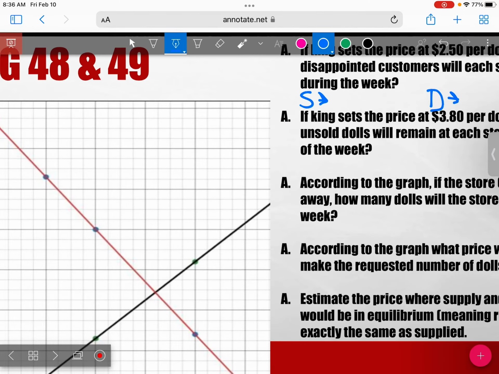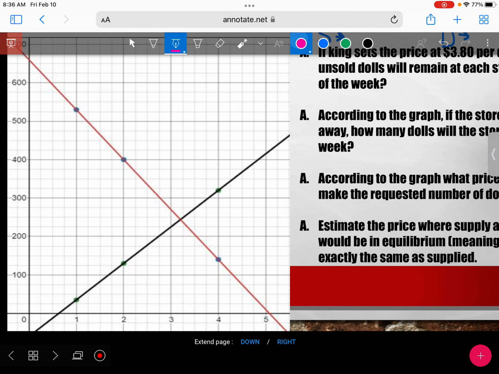So what I'm going to do is I'm going to come down. Remember, my price is on my Y's. This is price. So if I go to $2.50, which is between 2 and 3, I happen to have a little line right here. I'm going to follow that up, and I'm going to read it.